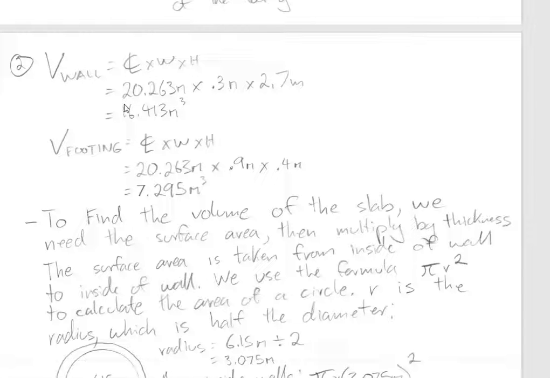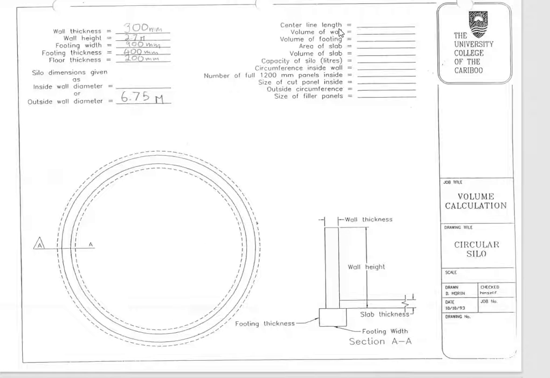And there we have our wall volume of concrete in meters cubed. We do the same for footing, center line perimeter times the width of the footing times the height, which is the thickness of the footing, and we get 7.295. So we've answered these three questions.